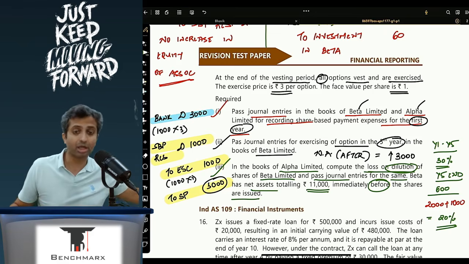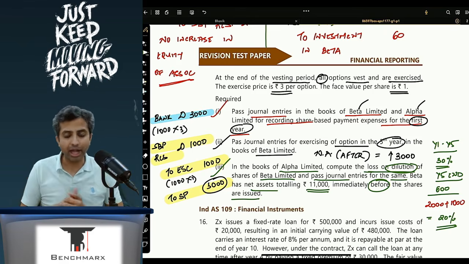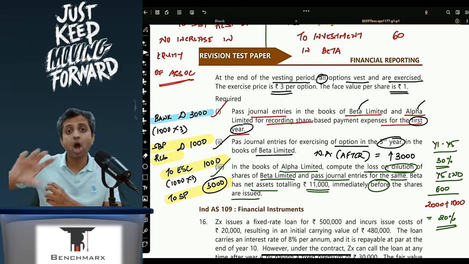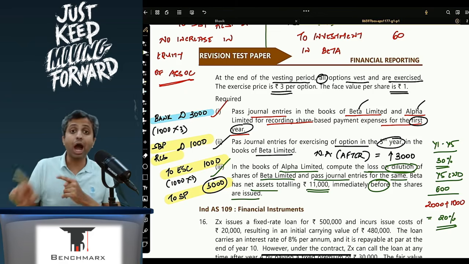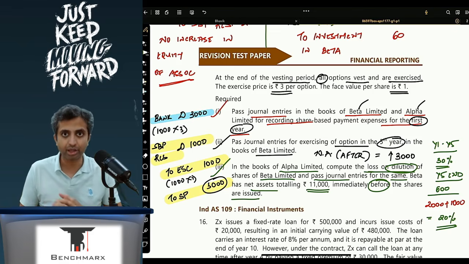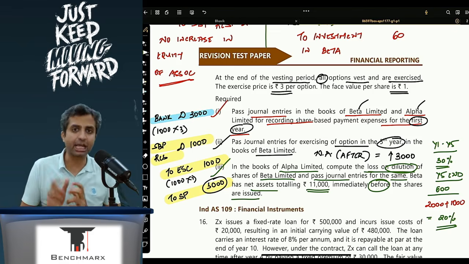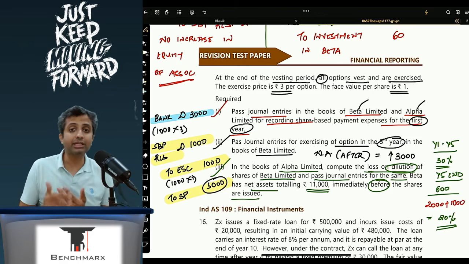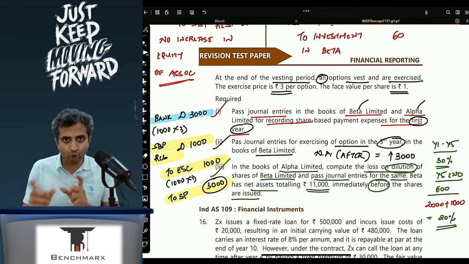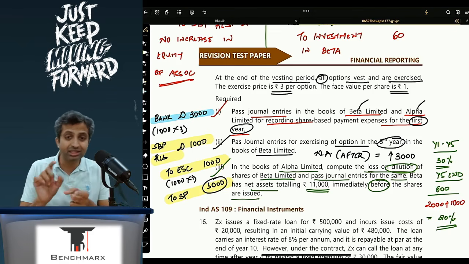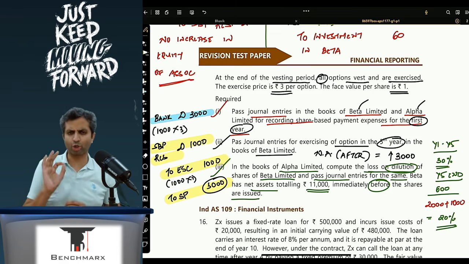So earlier I in a way had a 30% share in beta which had a net assets of 11,000. Now I have a 20% share in beta whose net assets are, I think, 11 plus 3, that is equal to 14,000. So that the difference, if any, will result in a gain or loss.